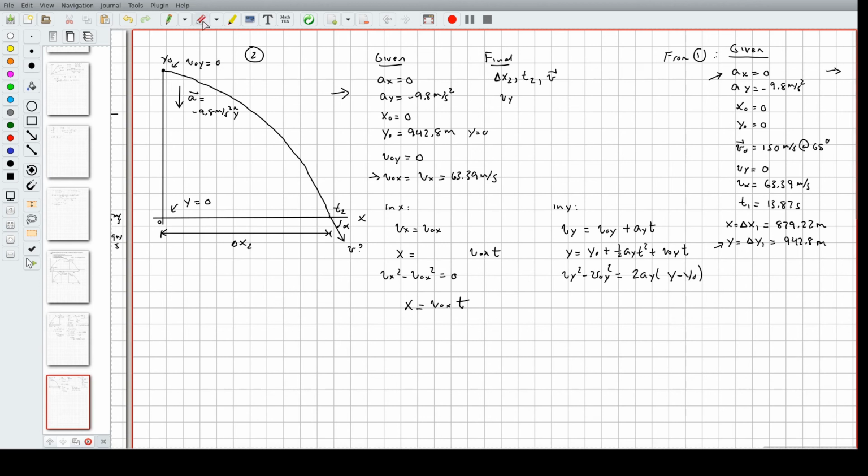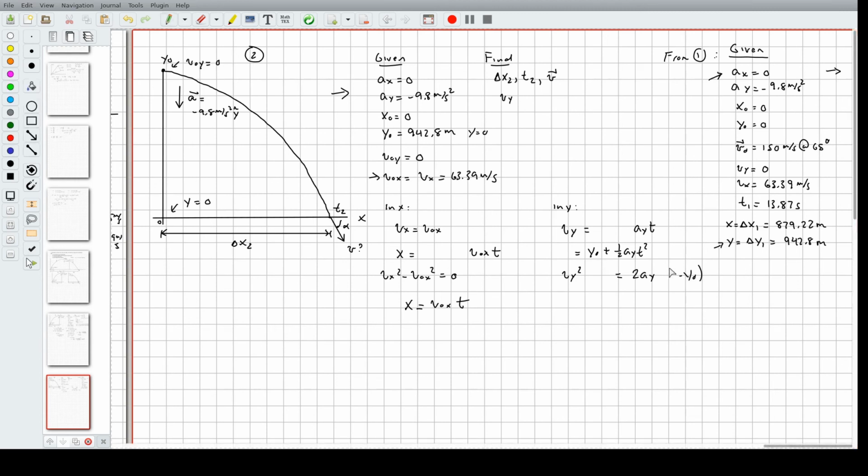Now from the y side of things, I see that V naught y is equal to 0, and I also see that my final y is 0 as well. So V naught y is 0 and final y is 0.